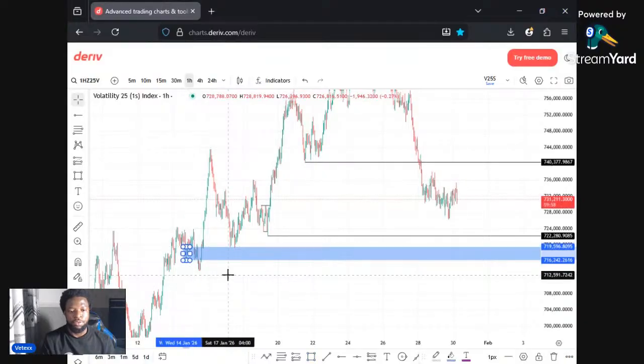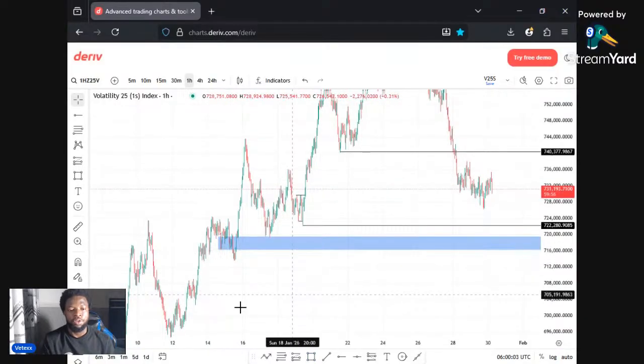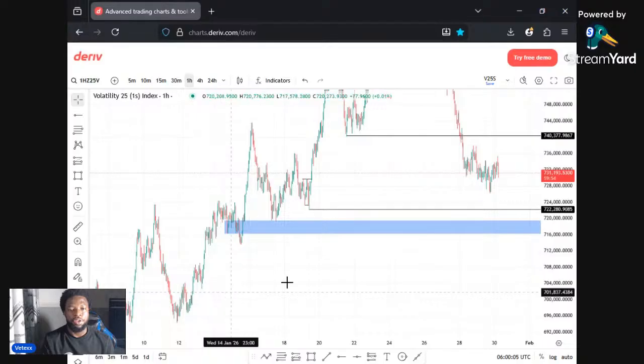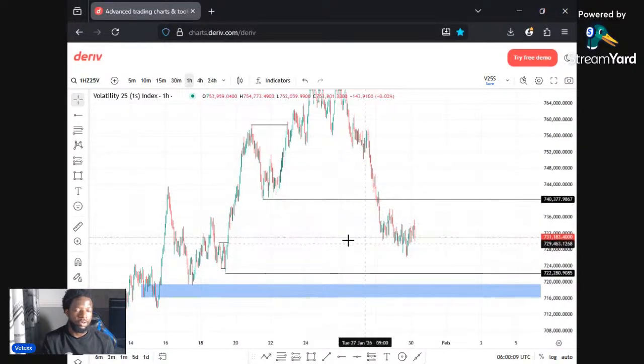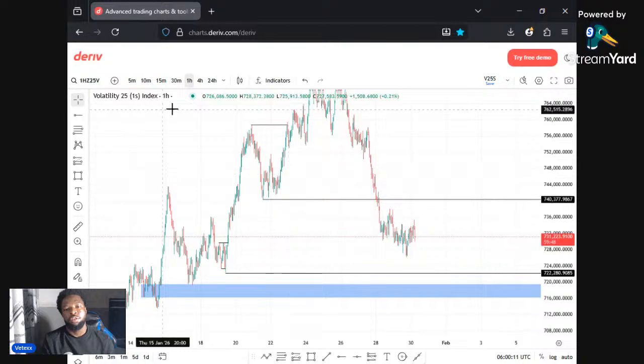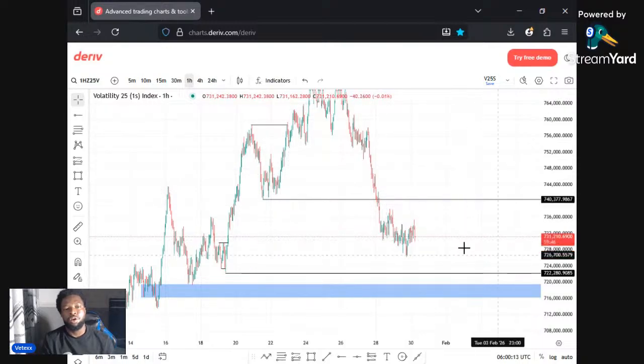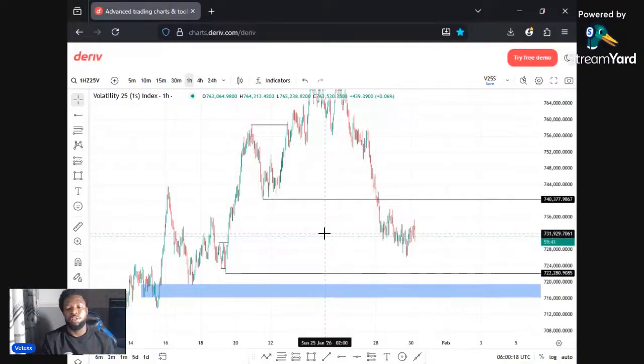And if it doesn't hold this one, that means we are going to be waiting for the daily time frame point of interest. But definitely one of these two is going to hold. So be on the lookout on V25 index, and I'm also keeping a lookout on V10s and the 10 index.